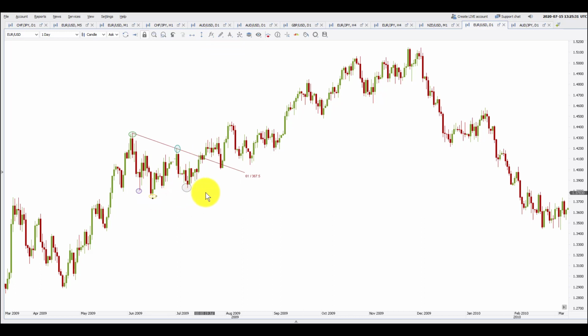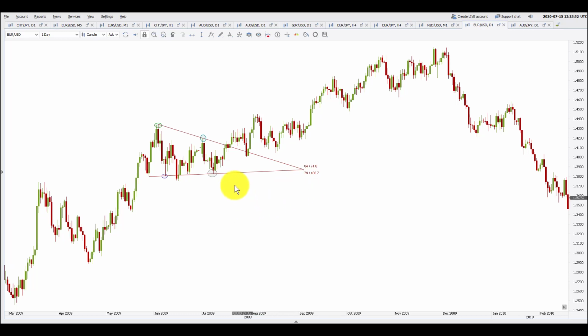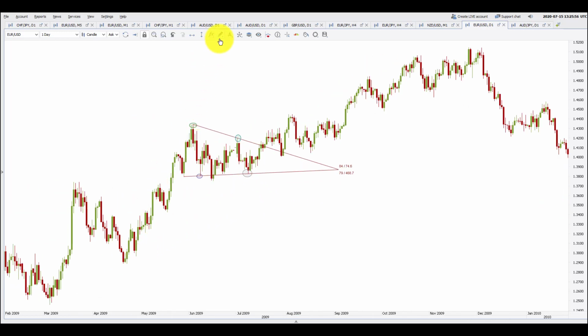So if you draw the trendlines here, you will see that the price is actually making a good triangle. We call this a pennant. Doesn't it look like a flag on a ship? This is where the word pennant comes from. It looks like a flag, and this one looks like a pole.